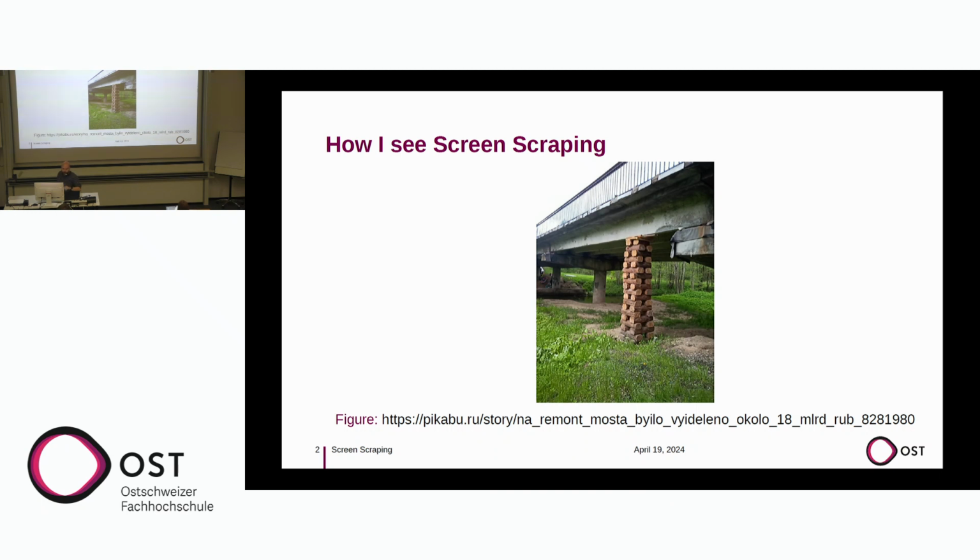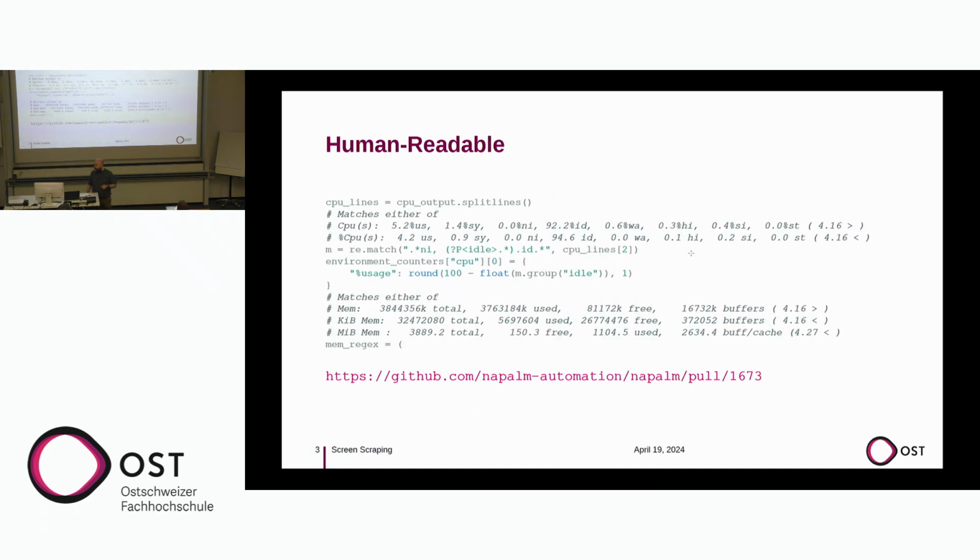I was looking this morning through some pull requests in NAPALM, because NAPALM does a lot of screenscraping for us. That's one of the reasons why we have NAPALM. And I found a pull request, and it is a nice example that this definitely can happen. Here the vendor decided, in the newer releases, to change some stuff.